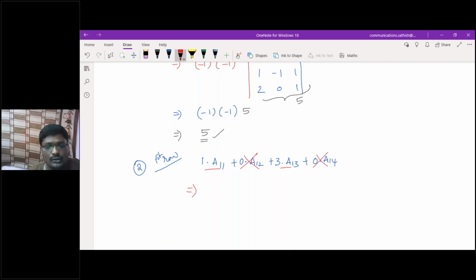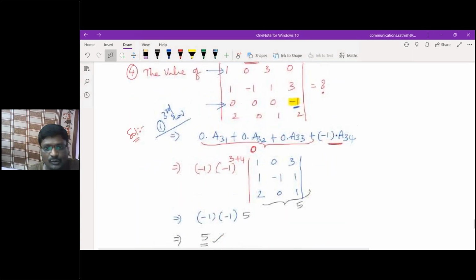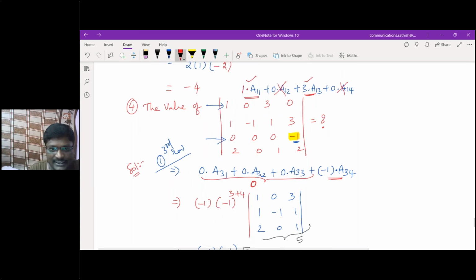For this, what you need to do? 1 into minus 1 whole power 1 plus 1, and the corresponding row and column I need to remove. For this I need to eliminate this column and row. So give me the values: minus 1, 1, 3, 0, 0, minus 1, 0, 1 and 2. Am I correct or wrong?